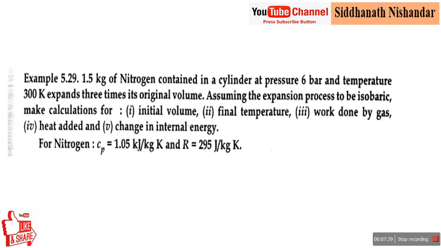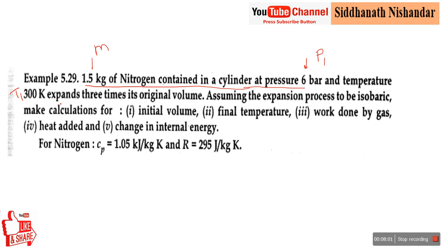Now we move further to the next numerical. 1.5 kg of nitrogen is contained in a cylinder at a pressure of 6 bar. So they have given pressure P1, mass, and temperature 300 Kelvin.